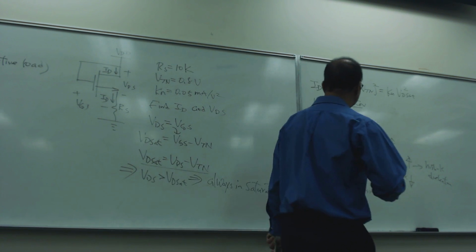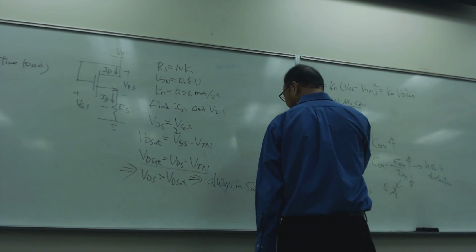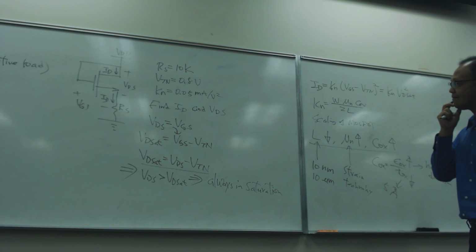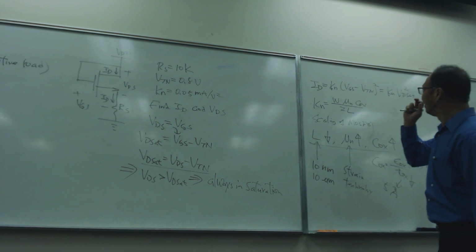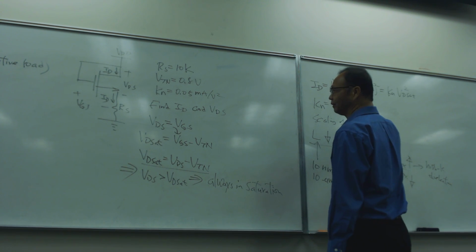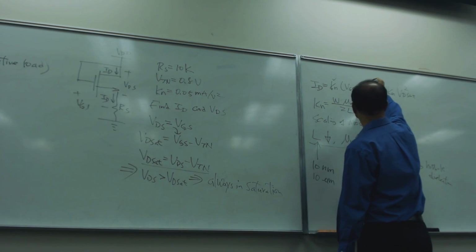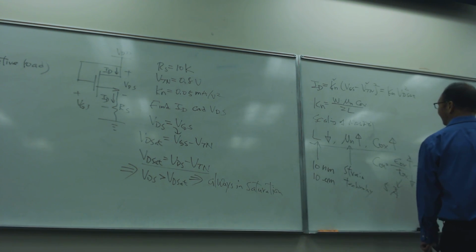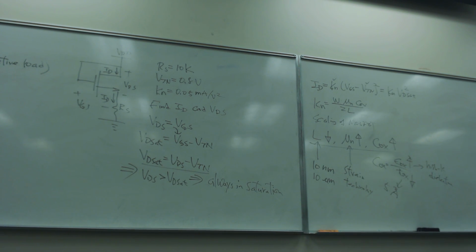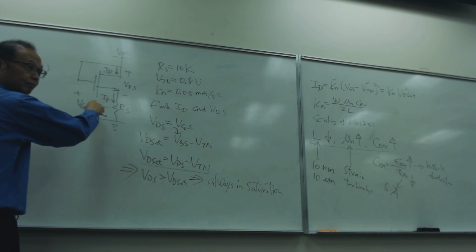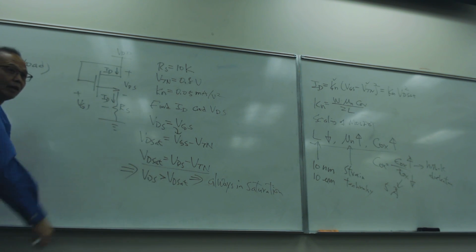All right, so let's go back to the example. Do I know everything here? I know Kn. VGS I don't know. VTN is known, correct? Okay, so I cannot solve it. I need a second equation. Now, there's no equation for the input loop, right? There's only one loop, the output loop.